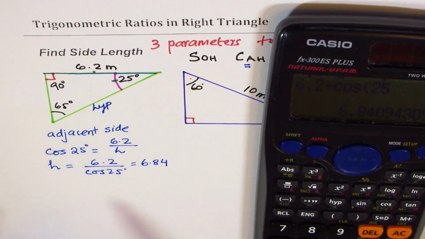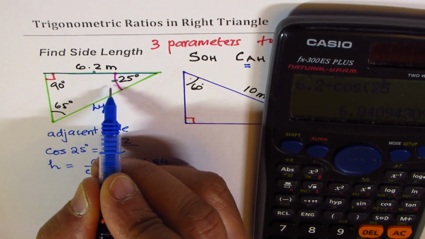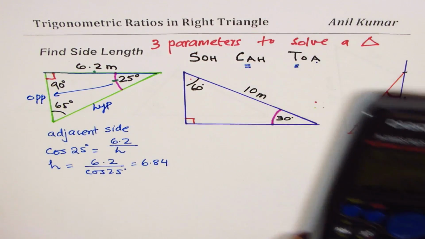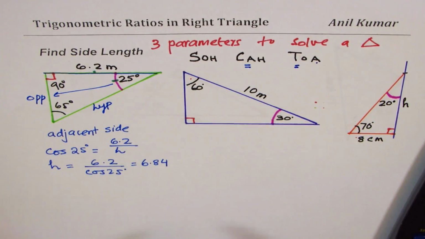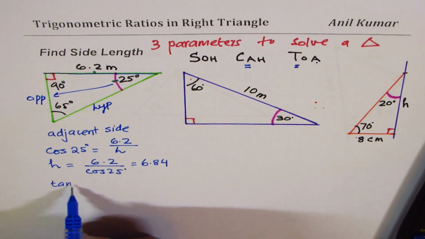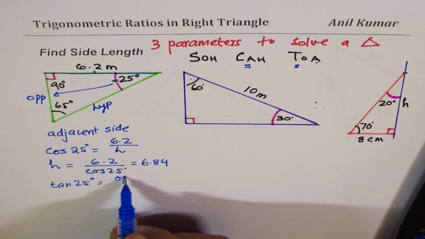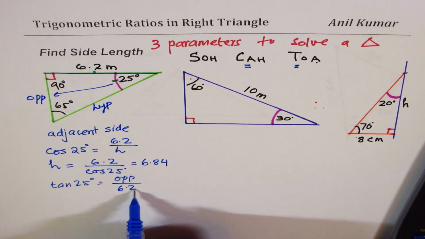6.84 is the hypotenuse. Okay, let's find this side here, the opposite side. So to find the opposite side, we should use tan theta. Here we can say tan of 25 degrees is equal to the opposite side over the adjacent, which is 6.2.